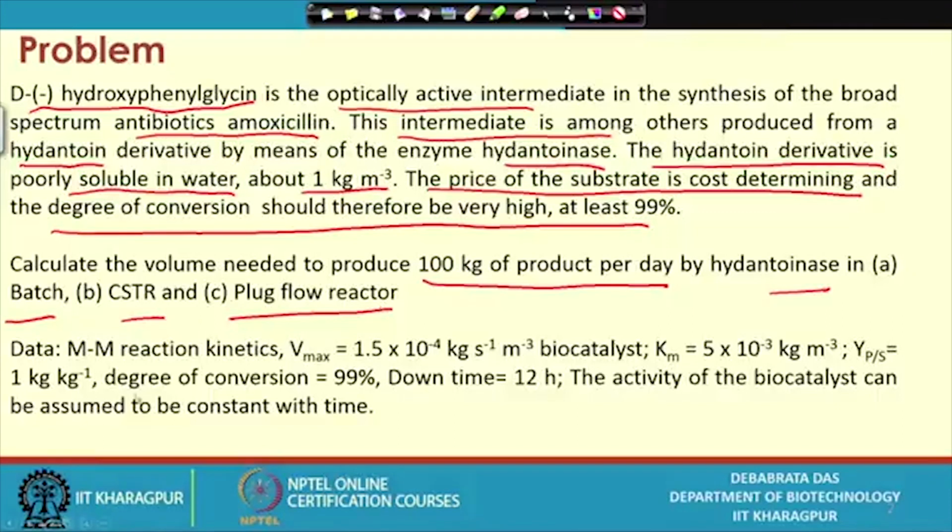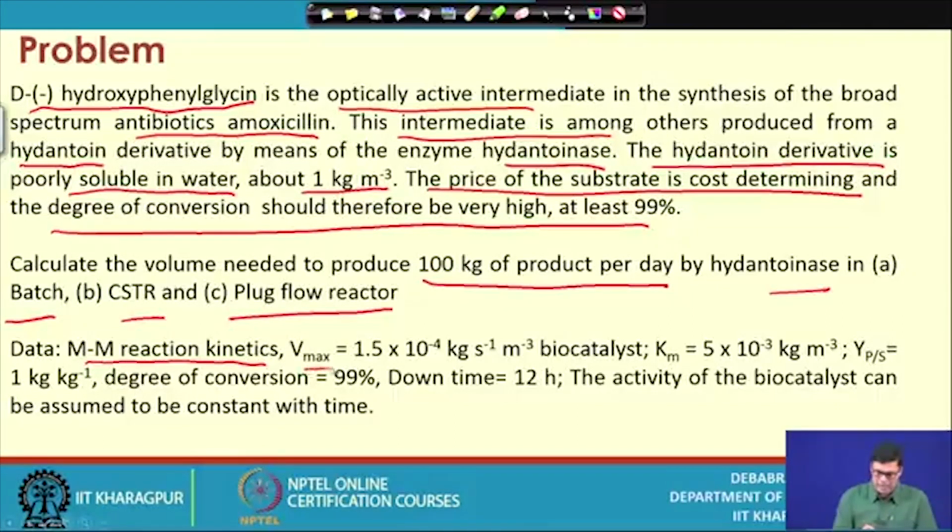Now, different kinetic constants are given, following Michaelis-Menten kinetics. Vmax is 1.5 × 10^-4 kg per second per cubic meter of biocatalyst. Km value is given. Y_P/S means the product by substrate ratio; this indicates the stoichiometry of the process, that is, 1 kg of substrate produces 1 kg of product.